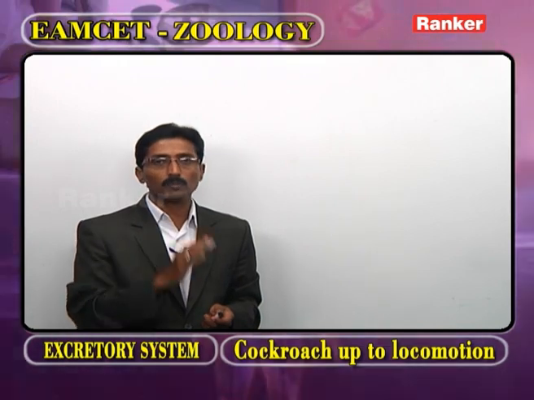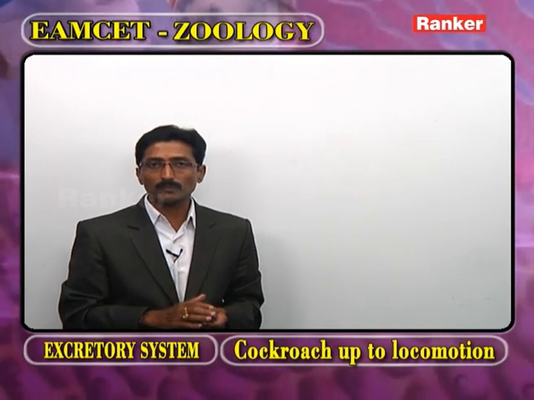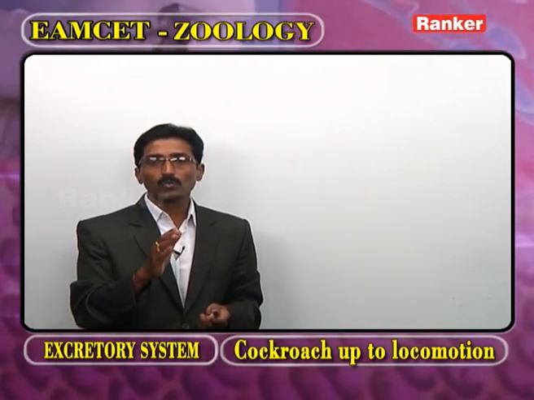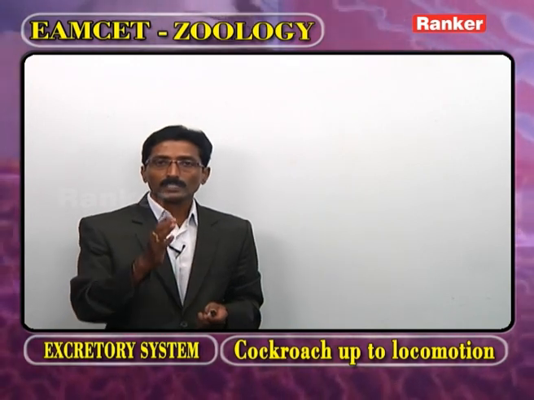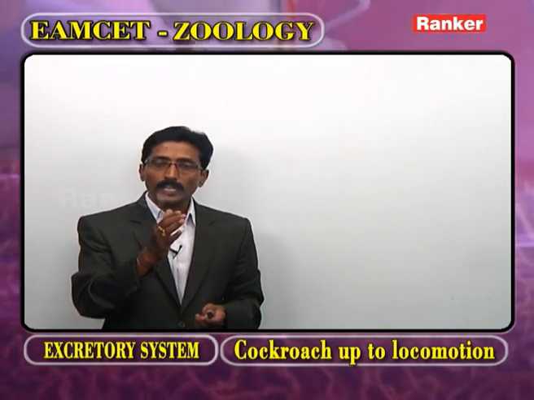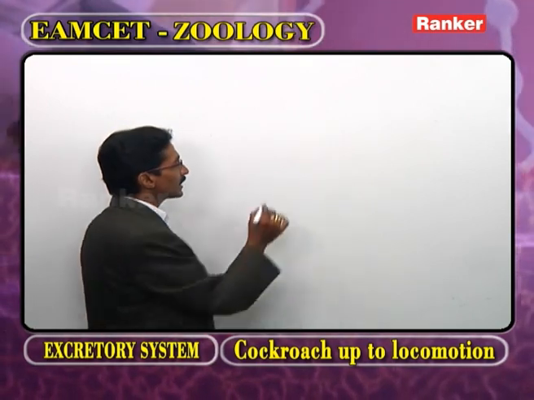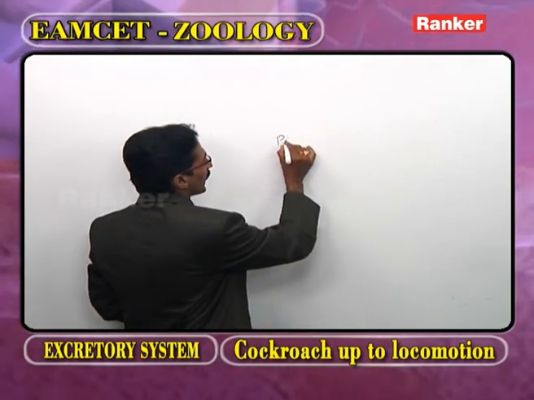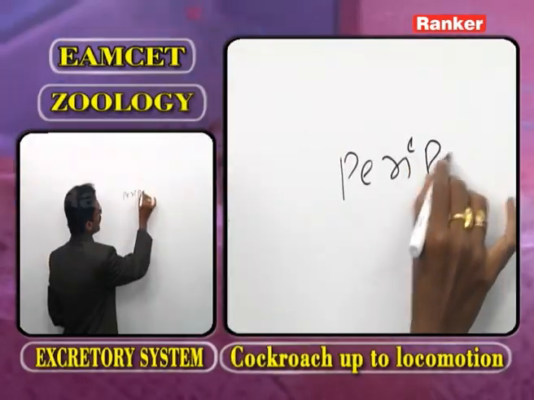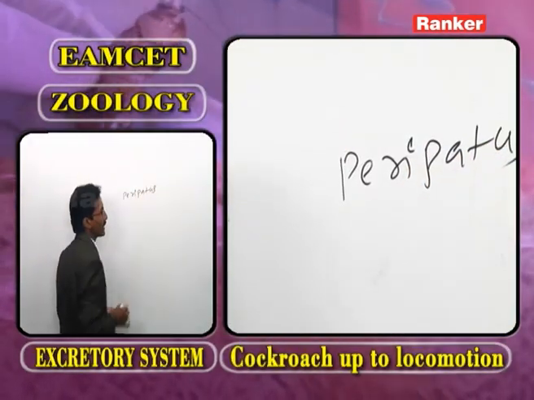The word Arthropoda was proposed by, we know very well, von Siebold. The Arthropoda derived from Annelida. What is the connecting link between Annelida and Arthropoda? That we call Peripatus.